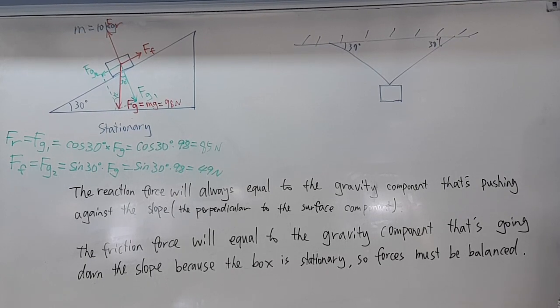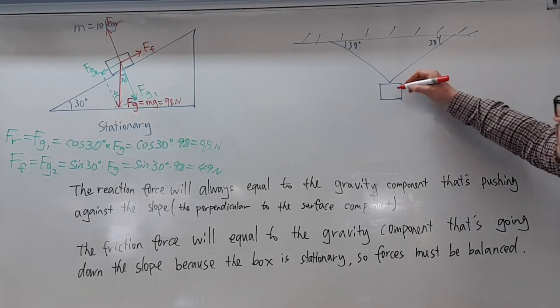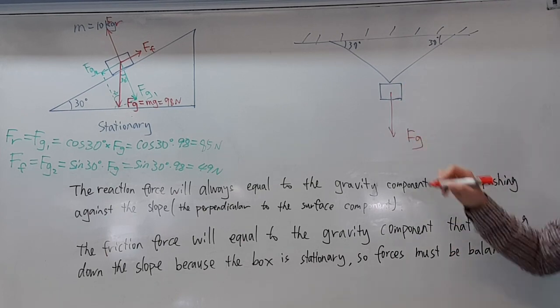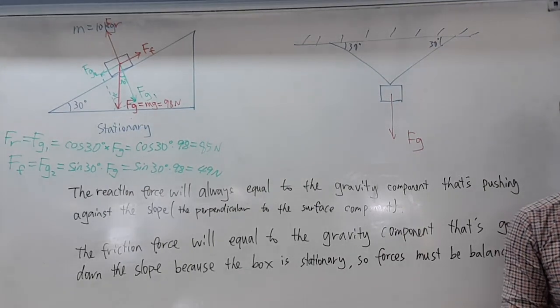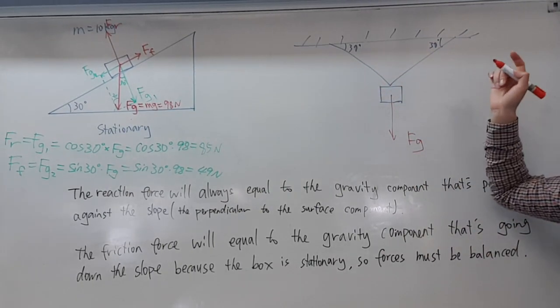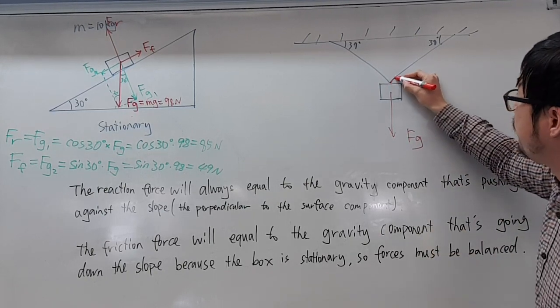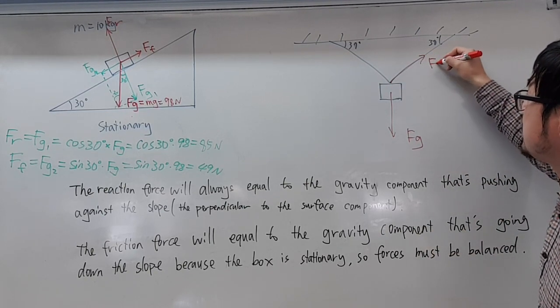What is the first force? Gravity. Yeah, always gravity. Gravity is always the first force going down, right? But the box is not dropping down. There must be forces holding it, right? And there are 2 strings holding it. So what is the direction of tension force? So one tension force must be going in this direction, Ft1.